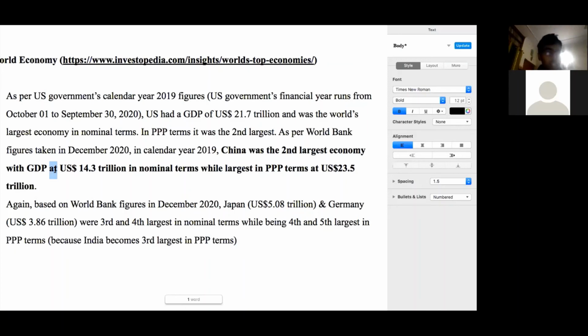So China's GDP in nominal terms, which means taking into account the direct current exchange rate, is US dollar 14.3 trillion in the calendar year 2019, while it was US dollar 23.5 trillion when we take into account the purchasing power parity factor.